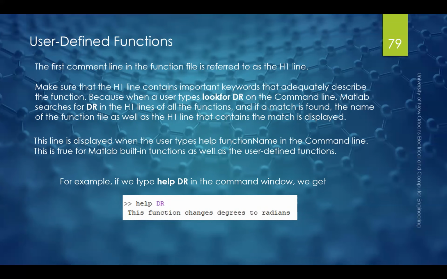Because when a user types, for example, look for dr in the command line, MATLAB will search for that specific dr keyword, and it's going to look at the h1 lines of all the functions that it knows, and if a match is found, the name of that function file and the h1 line that contains the match is going to be displayed, okay?